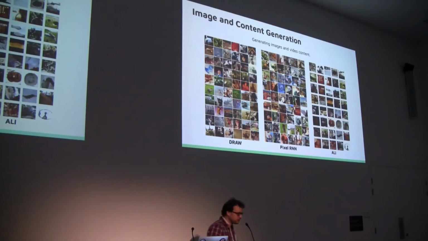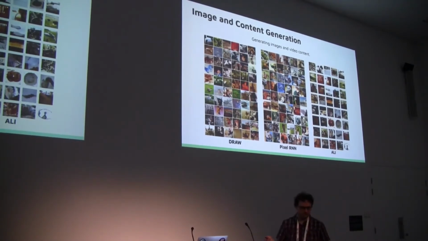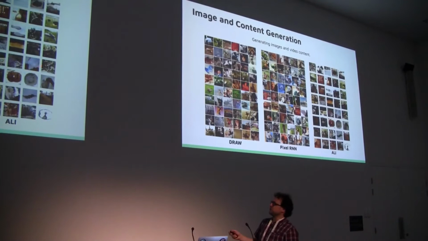So of course there's a favorite application for generative models, which is producing pretty pictures. There are no cats here, but that's the goal. So these are three very different generative models that are pretty much the current state of the art in image generation.